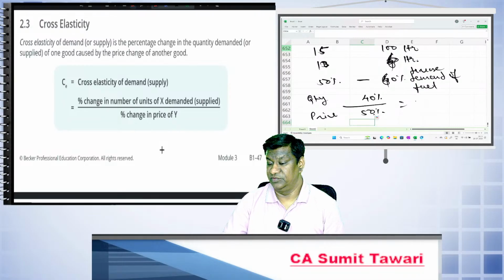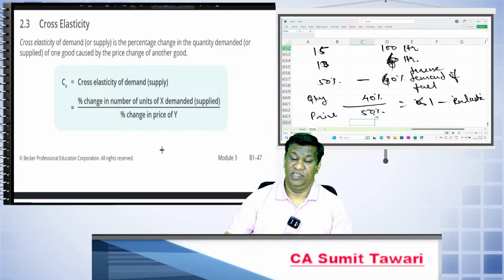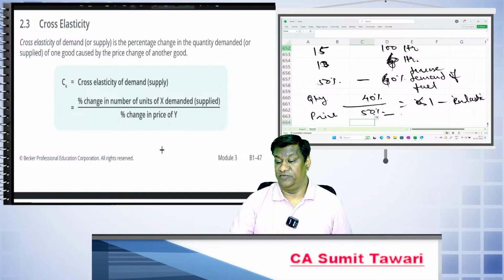This will be less than 1, so to some extent it is inelastic. This is the way we need to calculate. The price of one product always affects the demand of the other product, and the price is always in the denominator and the quantity always in the numerator, and accordingly we need to calculate.